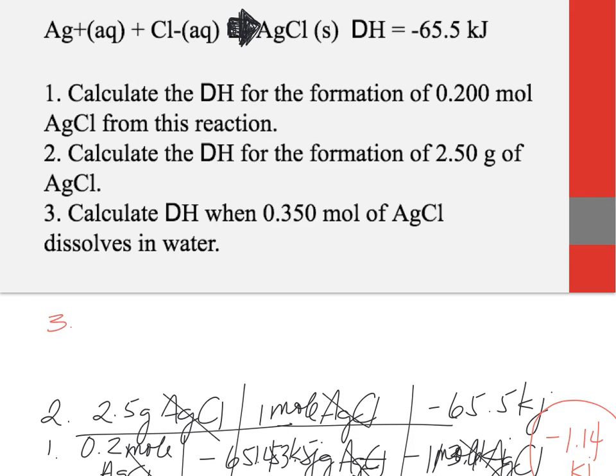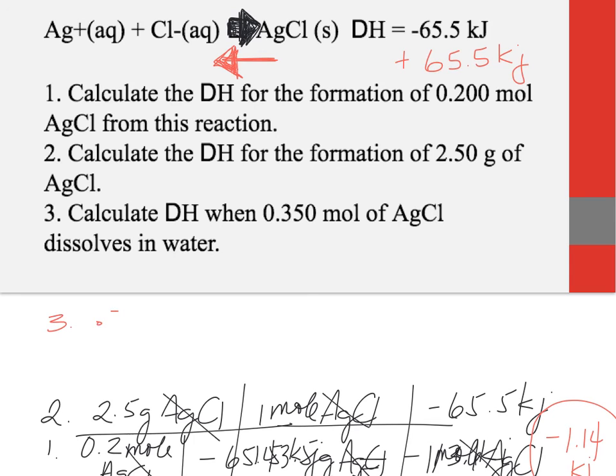Now they want us to take the precipitate and dissolve it in water, which is going to be very difficult because it forms a precipitate, but let's go with the flow. So now in this reaction, we are using the reverse, which means that our delta H is going to be positive 65.5 kilojoules.